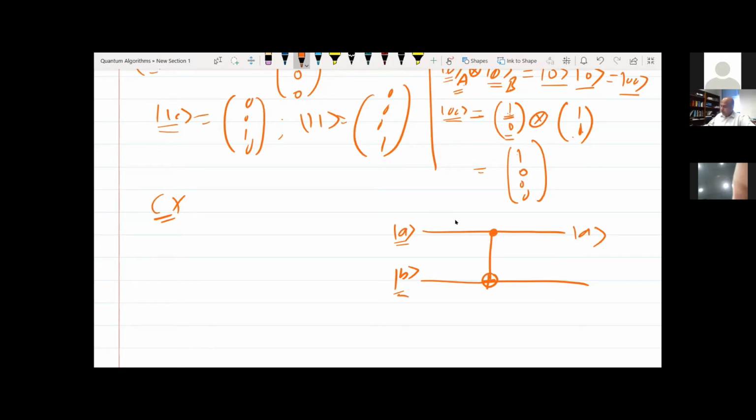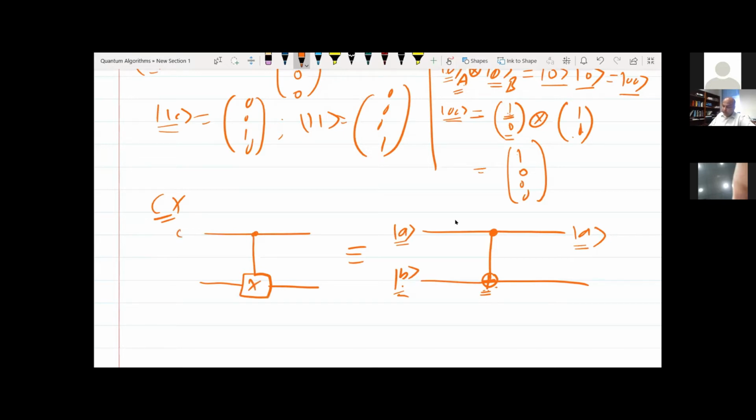So it's applied with an X gate if this A is 1, and it's left alone if this A is 0. But actually, a better symbol, and maybe it's a symbol which is used in some of the books, is like this.